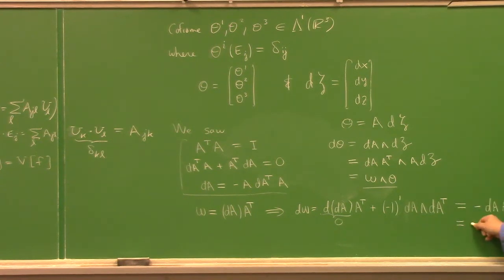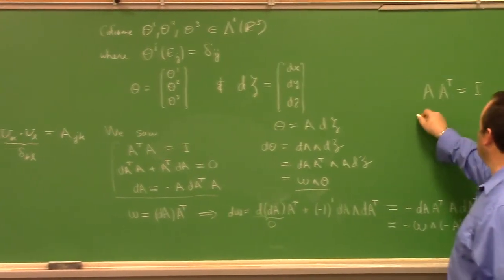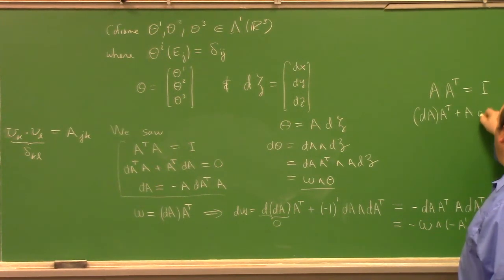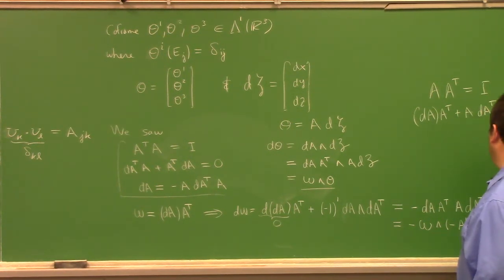So the first one's omega, right? Minus omega. Yeah. And then this is wedged with minus A transpose. Good grief. You got minus dA A transpose, which is A dA transpose, and you got minus omega wedge minus omega. Yeah, I mean, I think I need this.